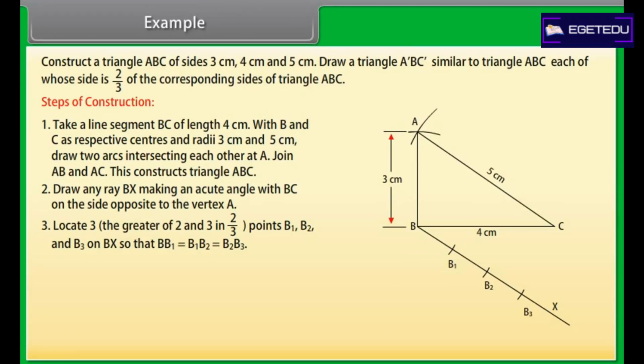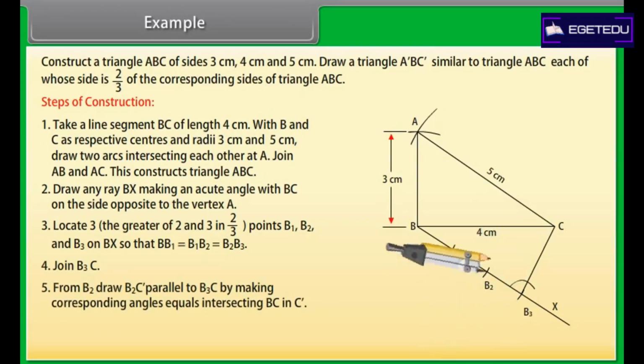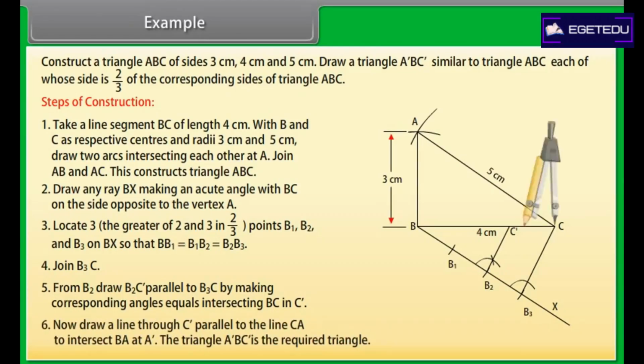Draw any ray BX making an acute angle with BC on the side opposite to the vertex A. Locate 3, the greater of 2 and 3 in 2/3, points B1, B2 and B3 on BX so that BB1 equals B1B2, which equals B2B3. Join B3C.